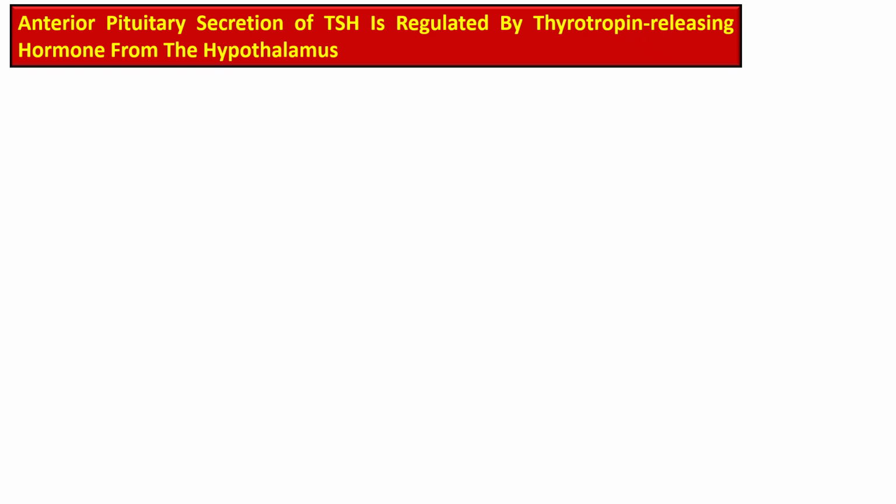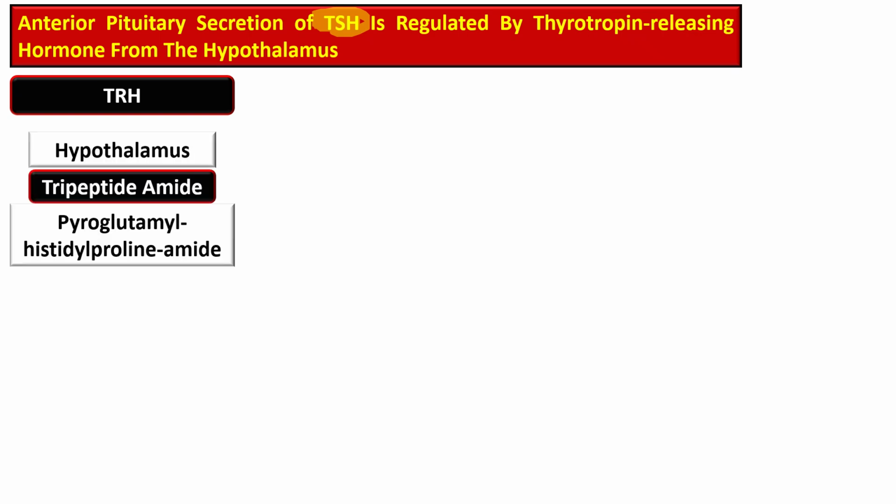The secretion of TSH from the anterior pituitary is regulated by thyrotropin releasing hormone from the hypothalamus. This thyrotropin releasing hormone is produced by the neurons in the hypothalamic median eminence region.